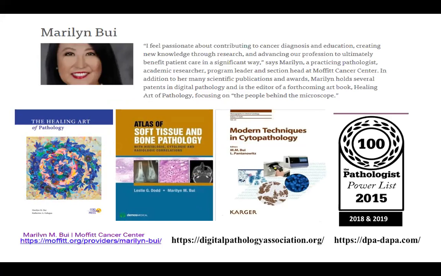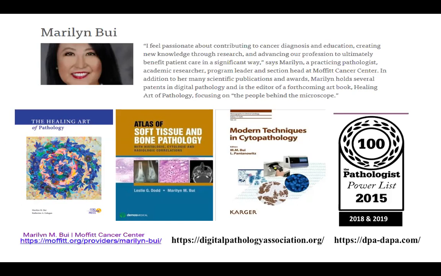With IHC's help, we're able to study the proteins in the cell membrane, cytoplasm, or nuclei, which helps us decide the lineage, the primary site, and also identify prognostic and predictive information. The second revolution was molecular pathology, next-gen sequencing, and the third revolution now is digital pathology and artificial intelligence.